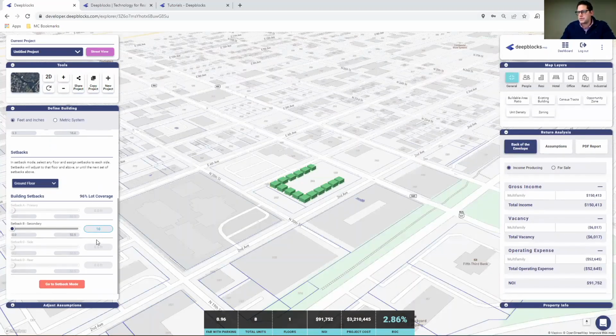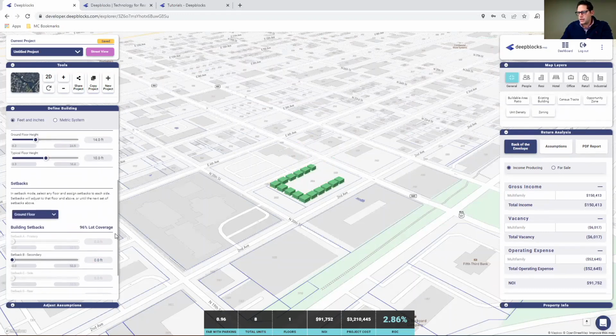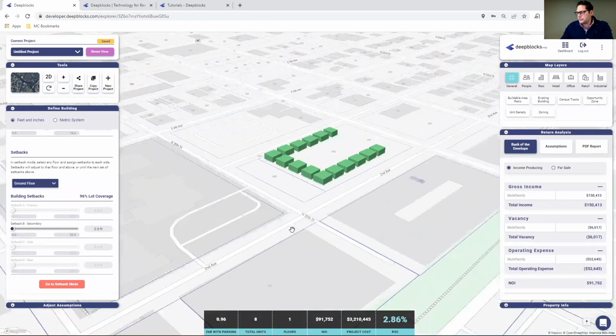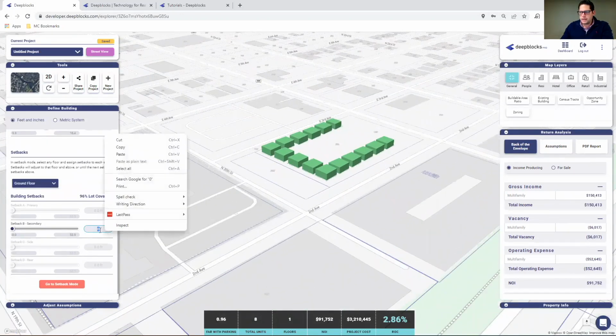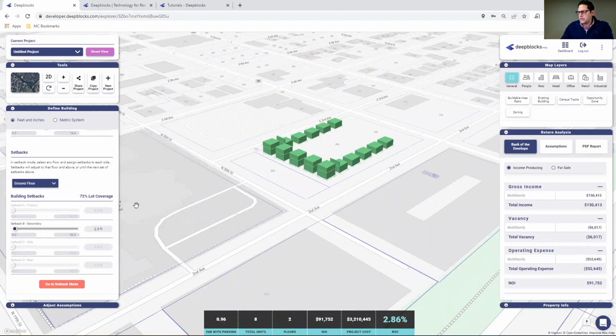There's no setbacks required for this particular parcel, so I probably don't even need to do any setbacks. You can see that by putting in setbacks, it'll change the formation of each unit, but we're just going to leave it at 0 for right now.